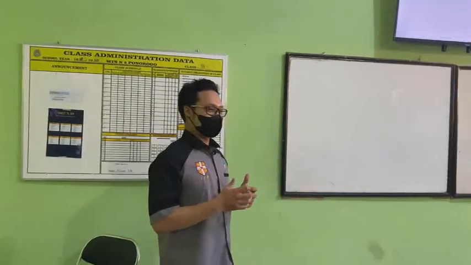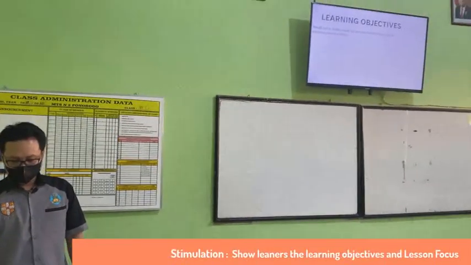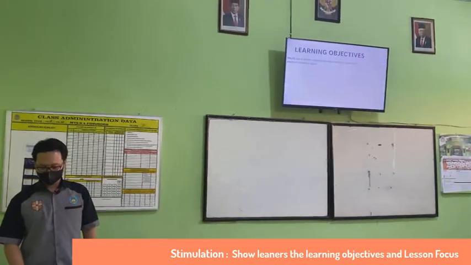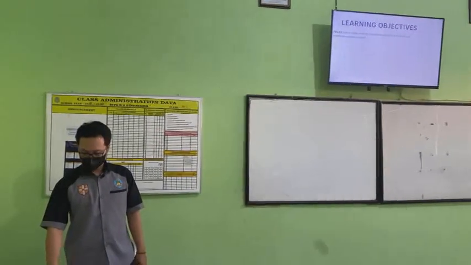Okay, guys, you have prayed and we are going to learn some material. So, this is our learning objective today. First, we have a simple model to describe electricity as a flow of electrons around a circuit.